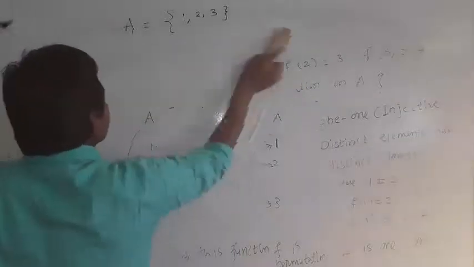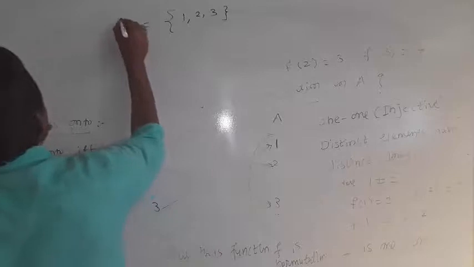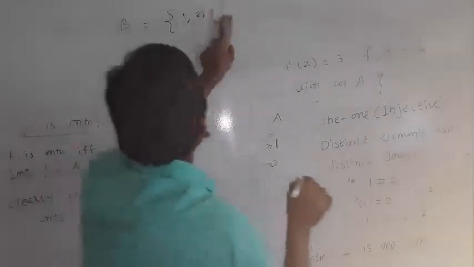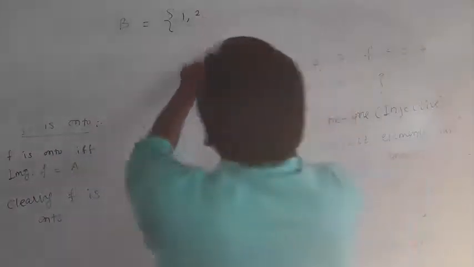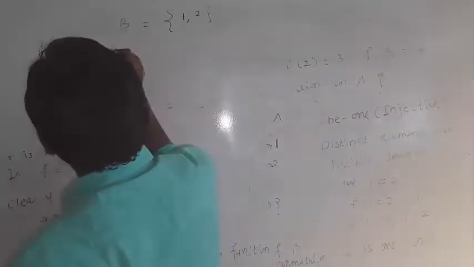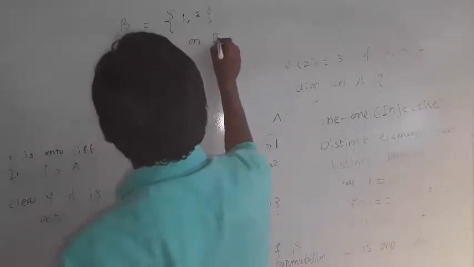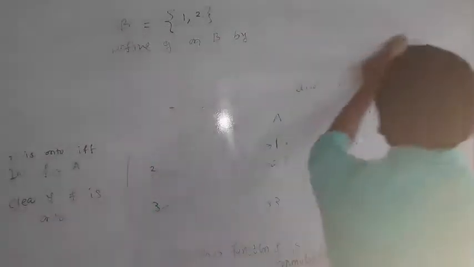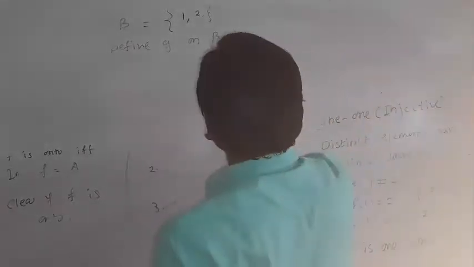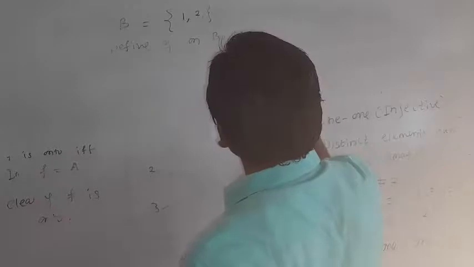Let us take B is equal to 1, 2. Define g on B by g of 1 is equal to 2, g of 2 is equal to 1.